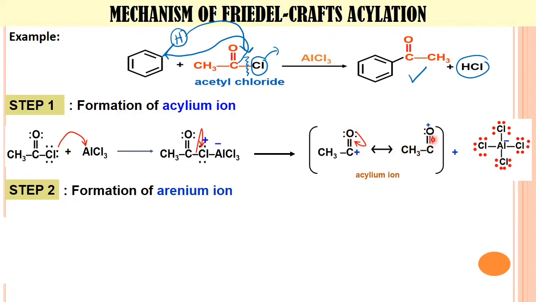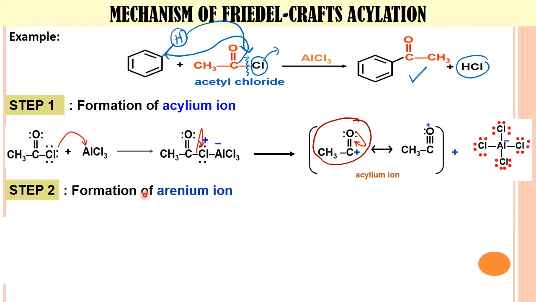Carbon ni dah cukup 4 ikatan. Nampak tak? 3, 4. Dekat oksigen pula lebih 2. Kalau ikutkan oksigen maksimum 2. So bila dia donate electron become triple bond, so that's why oksigen jadi positive charge. So ini adalah resonance structure. Tapi structure yang kita nak cuma yang ini sahaja. Ini yang kita akan react with benzene nanti.